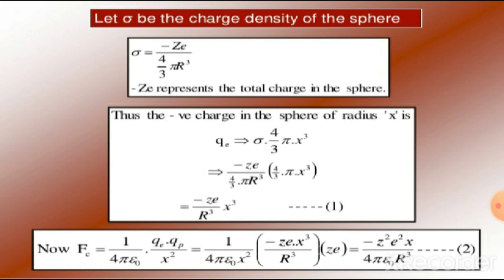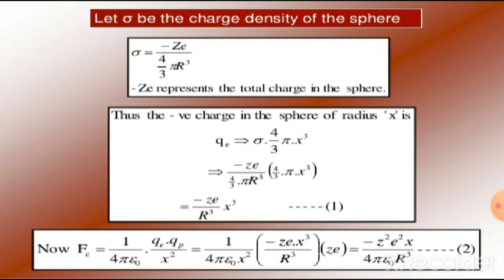Thus the negative charge in a sphere of radius x: here in the whole sphere we take radius R, and some of the electrons are present in a sphere with radius x. Then Q suffix e, the charge of the electron, is equal to sigma into 4 by 3 pi x cube. Finally, substituting the value of sigma, we get minus Ze by R cube into x cube.